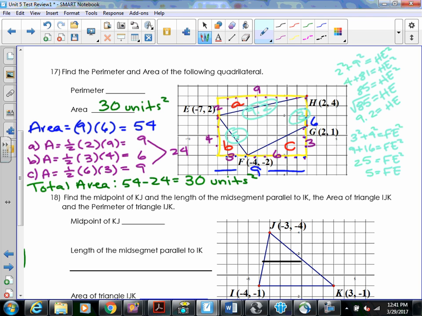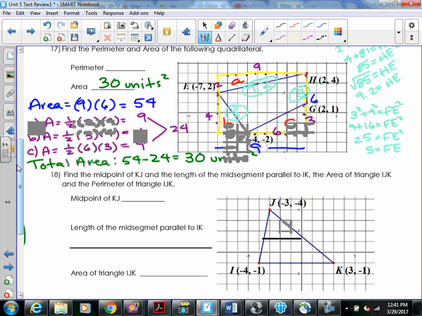So now we only have one more side to find, and that's going to be segment GF. Let's see if I can squeeze that in here. So we've got the dimensions for 3 and 6 down here, and we'll use GF as our hypotenuse.